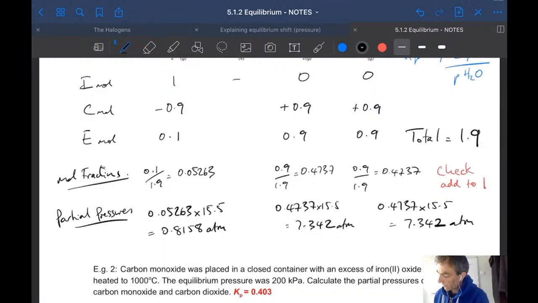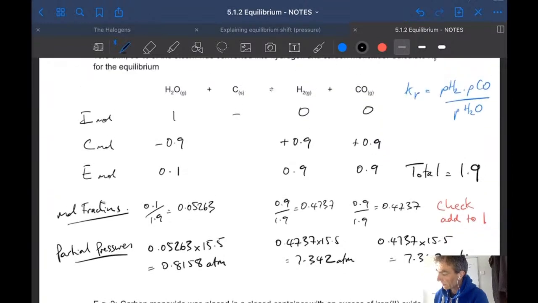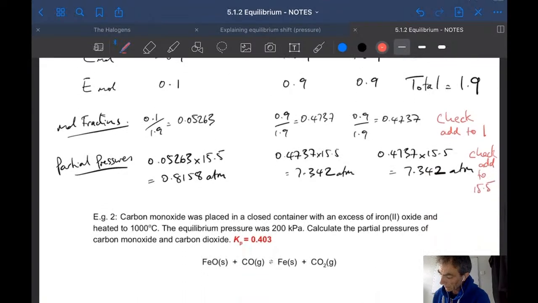Now we're at a point where we can put those numbers into that blue Kp expression. The other thing is obviously to check that these add up to 15.5 total pressure, which they will do.